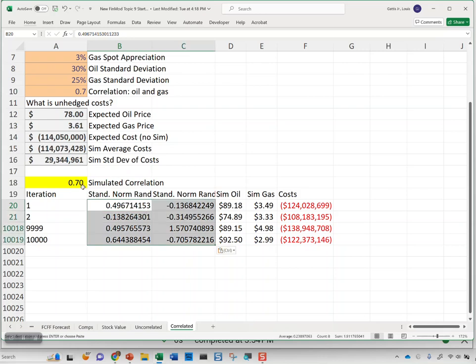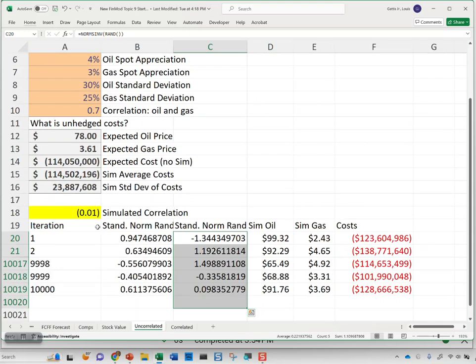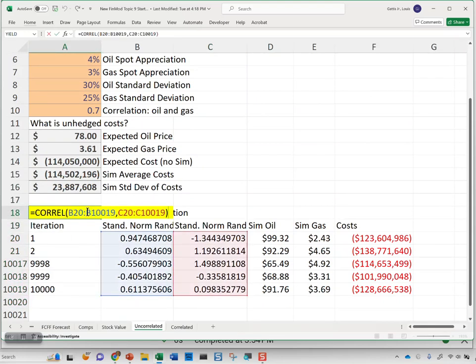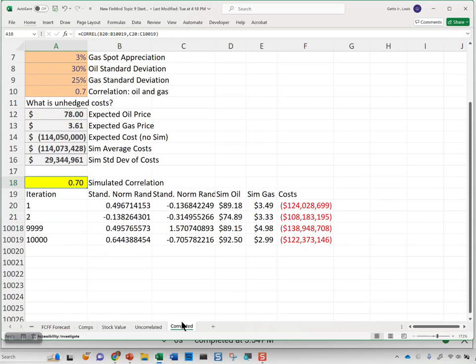I notice I get the same results here. Still have a 0.7 correlation between these two. Remember, when they're here, just using these randoms, it was almost a 0 correlation. So it's really, really important when creating Monte Carlo simulations in which you have more than one random variable.